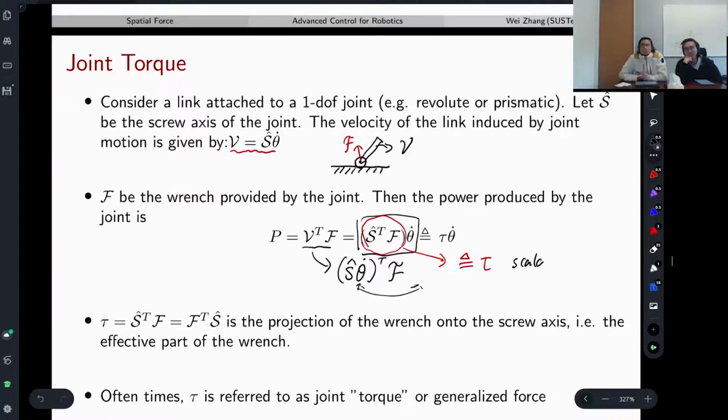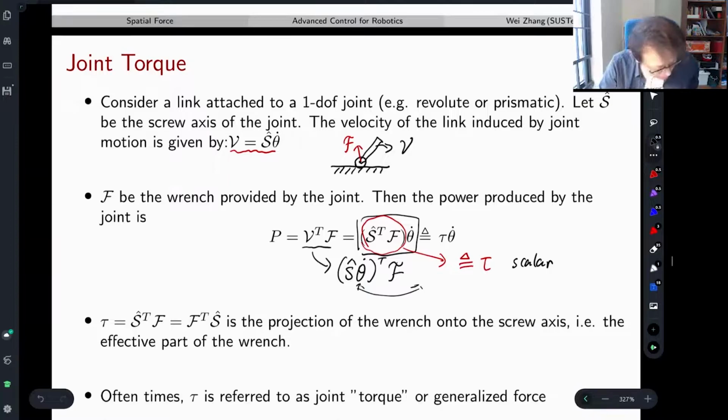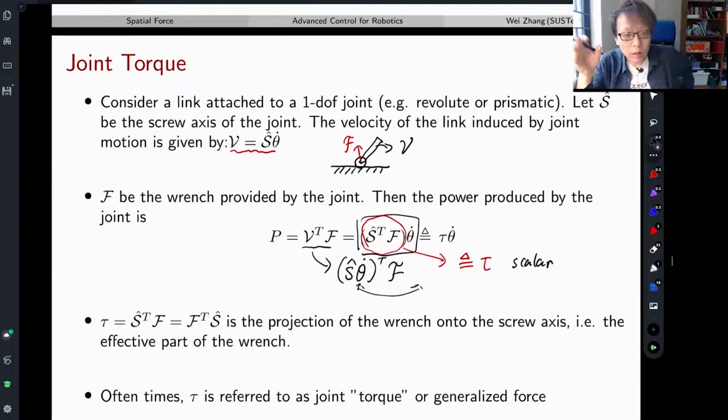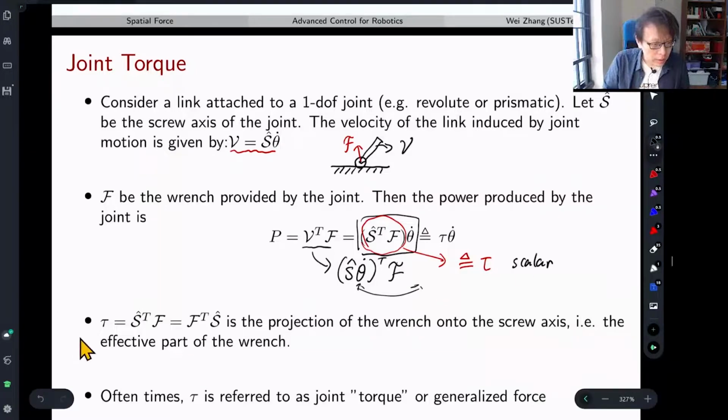It roughly represents the projection of the force onto the screw axis, and we call this a torque. Sometimes people say moment is also a torque, they're interchangeable terminologies, but this torque is really the joint torque. So we define this as the projection of the wrench onto the screw axis.